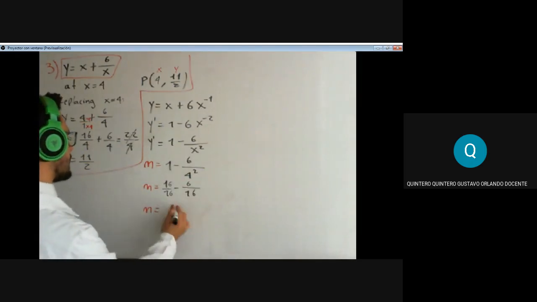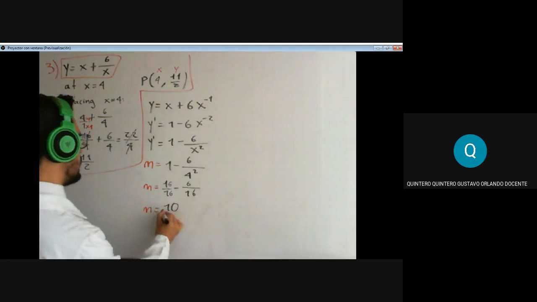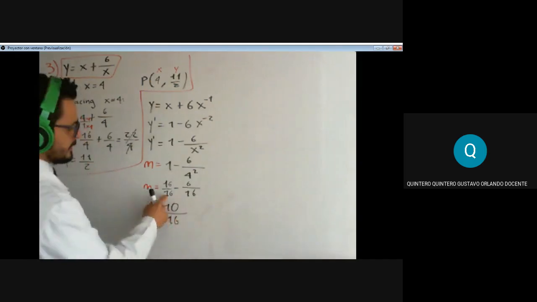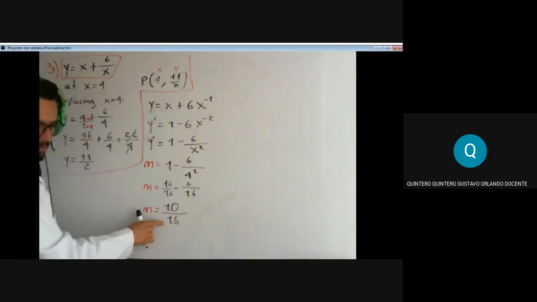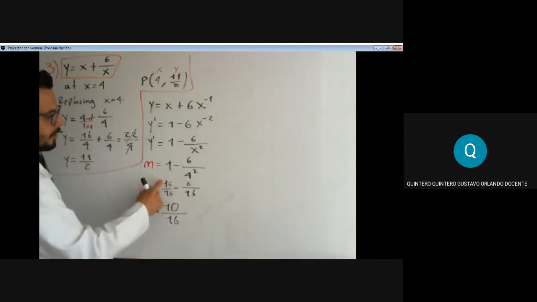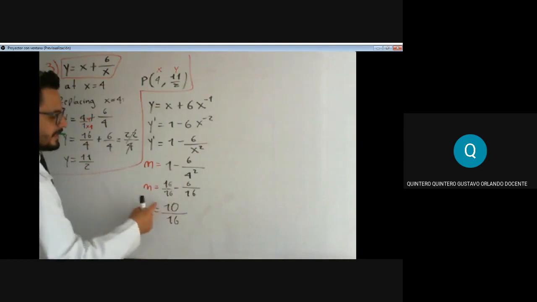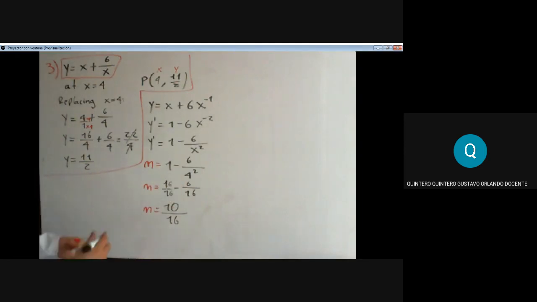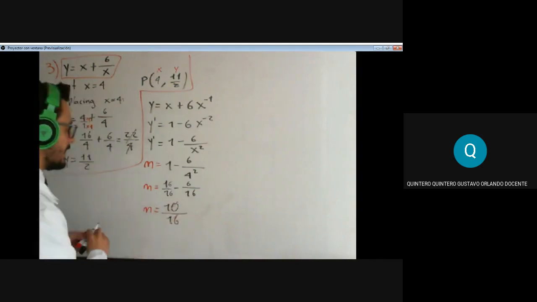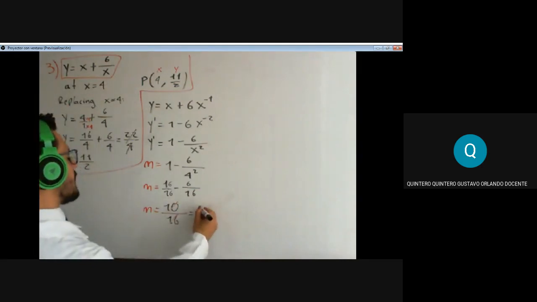Wait, looks like a 16, sorry. 10 over 16. Remember, same denominators, so I leave the same denominator, 16, and then do the operation with the numerators. So 16 minus 6, that is 10. Beautiful. This thing can be simplified. It can be simplified by 2, so 5 over 8.